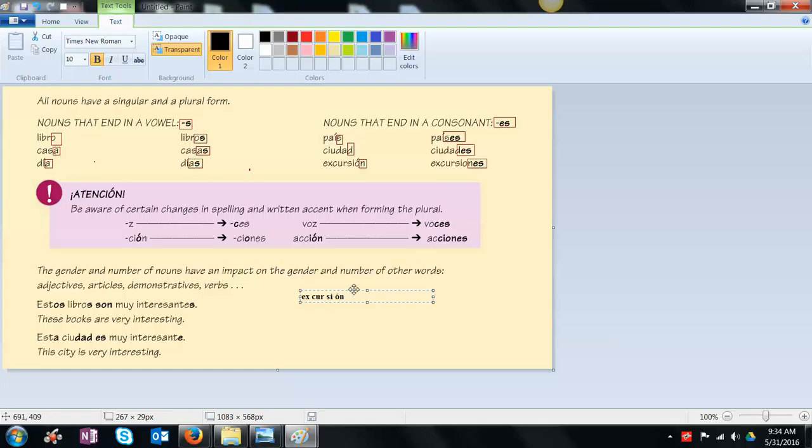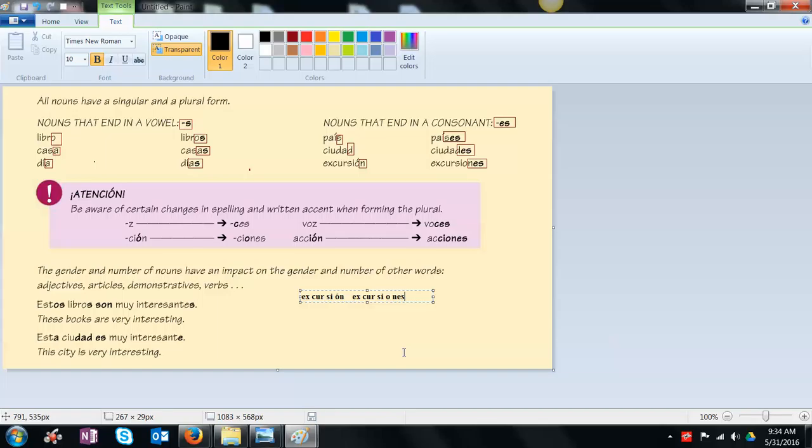Okay? But when I make this word plural, excursiones. Now my word ends in S, so remember if a word ends in N, S, or a vowel, it's supposed to get accented on the second to last syllable.